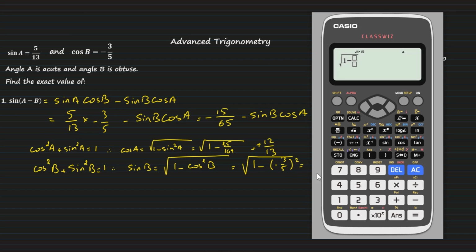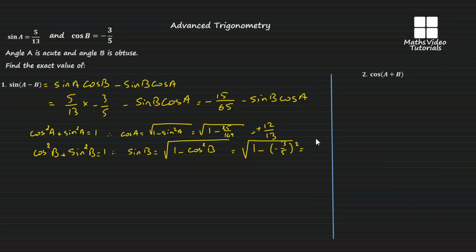It will become 9 over 25. Then we'll push the cursor outside the square root, and press equal, and it will give us 4 over 5. So the answer is 4 over 5. Again, it should be plus or minus 4 over 5. All right, now which one do we choose?